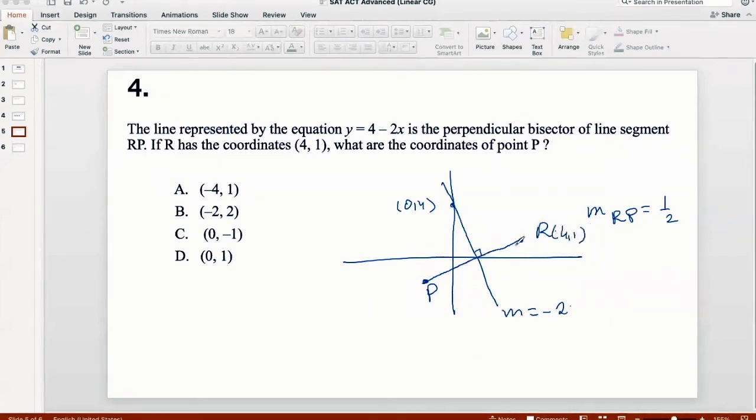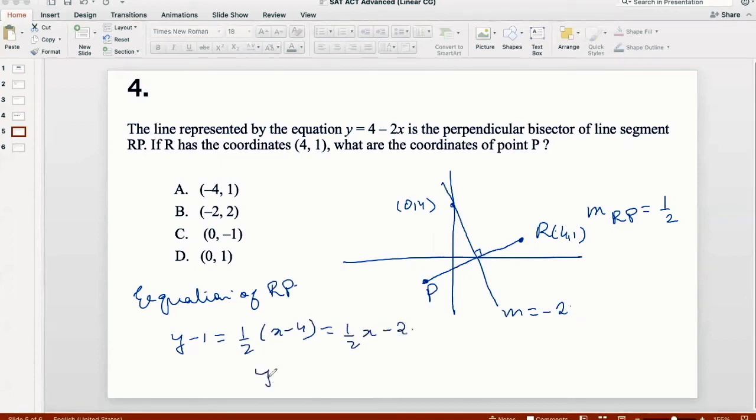So I can find the equation of RP, right? So the equation of RP would be y minus 1 is 1/2 (x minus 4), which is 1/2 x minus 2. So y is 1/2 x minus 1. So this is the equation of RP.